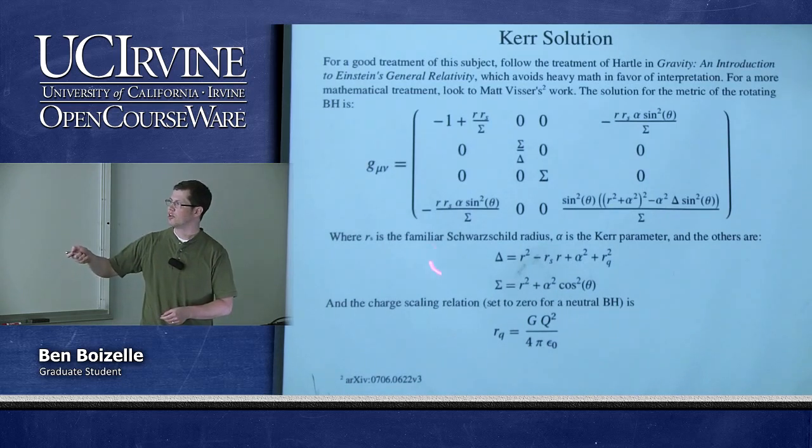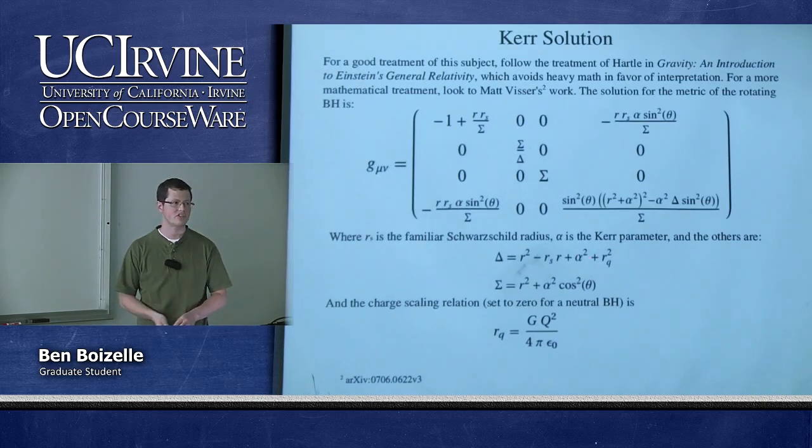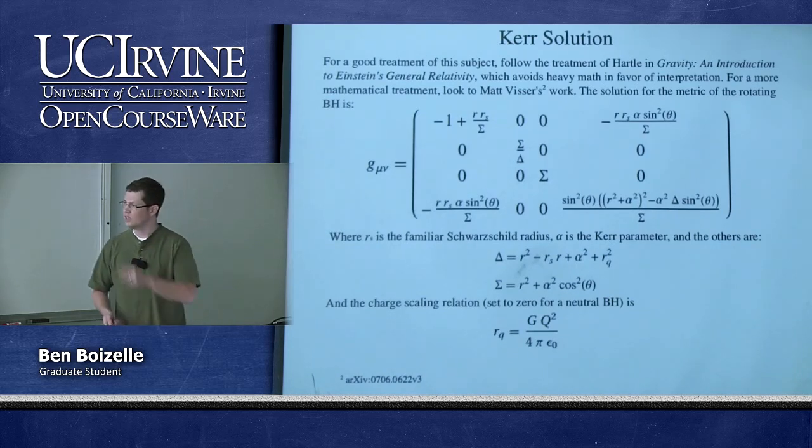The delta and the sigma given here are just for convenience, and I've included this just because it is a natural extension if you would like to, where instead of considering only the rotation of the black hole, you also consider its charge. Black holes can have charge, angular momentum, and mass, and the charge can be included as Q, the total net charge of the black hole, which usually is assumed to be 0, but it does not have to be.